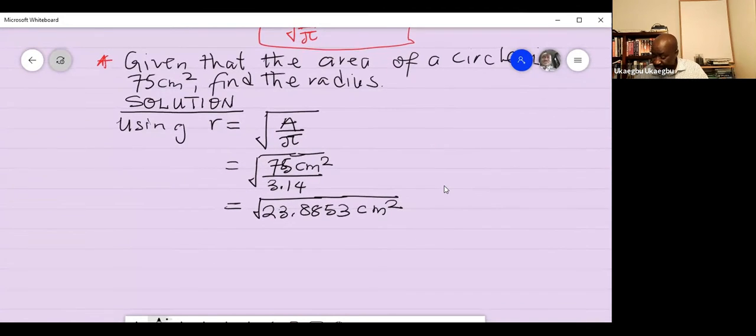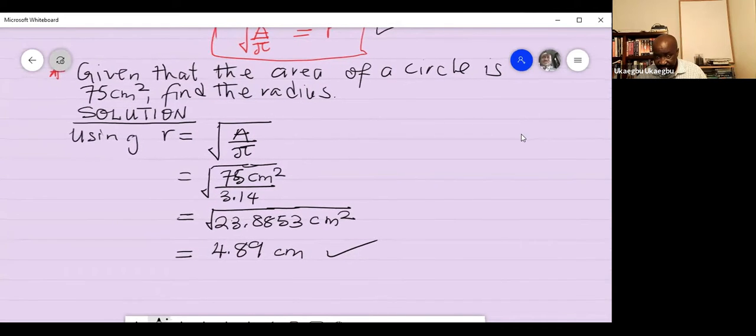Now I'm going to take the square root of 23.8853, and cm squared will give me cm. I hit enter. That gives me 4.89 if we did 2 places of decimal. And a lot of people got this.